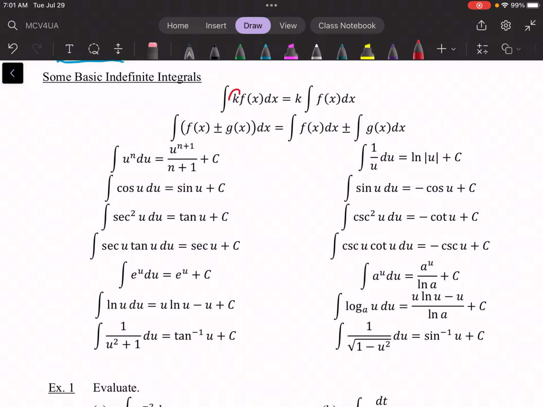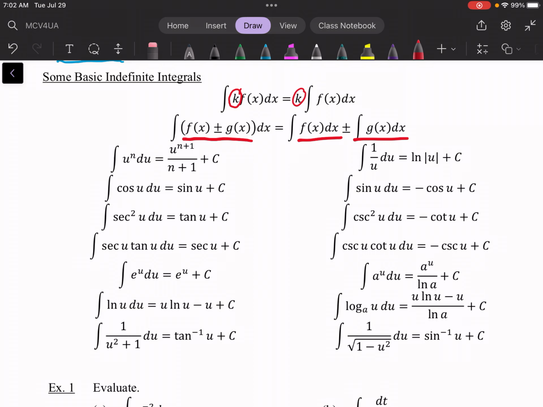The integral of k times f of x dx, where k is some real number, you can simply factor out k. Also, if you have two functions that are added or subtracted, you can separate them into two integrals and find the integral of each one separately.